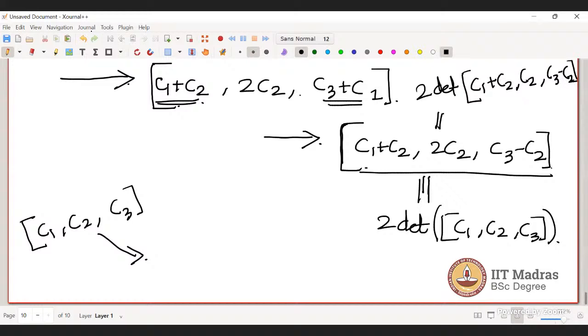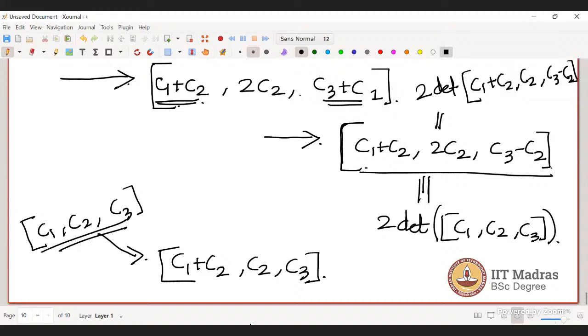Yeah. So then you have C1 plus C2, C2, C3, right? The determinant of this matrix is the same as the determinant of this matrix, right?